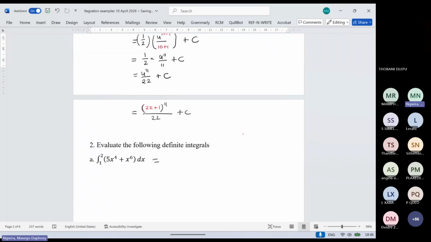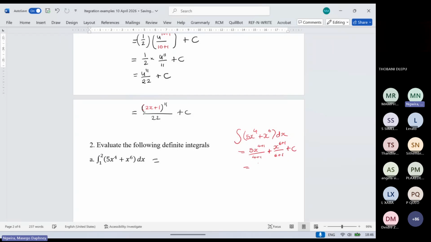If I integrate 5x to the power of 4 plus x to the power of 6 with respect to x, I am going to have 5 to the power of 4 plus 1 over 4 plus 1, and this will be plus x to the power of 6 plus 1 over 6 plus 1. And then this is supposed to be plus c.